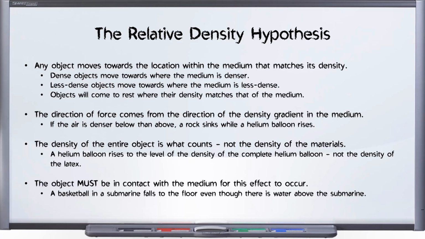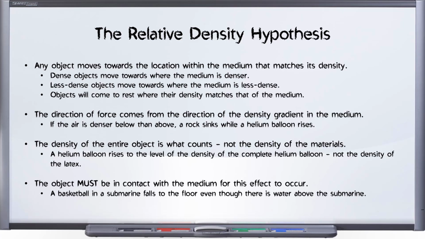We could measure the density gradient within the medium, measure where the density is different within that single medium, and then the way the object moves will be along the direction of that gradient, which normally here on the ground is densest at the bottom and least dense up at the top.